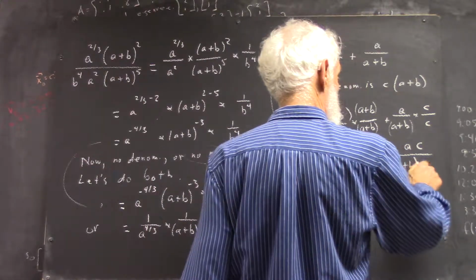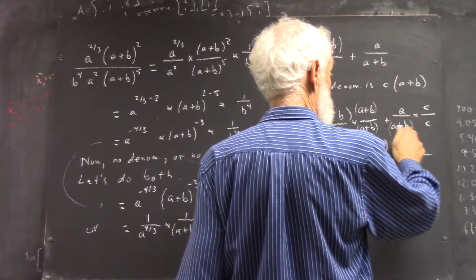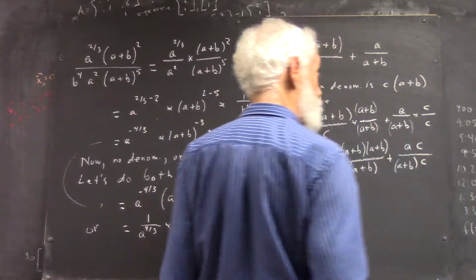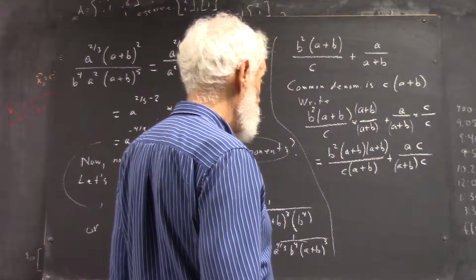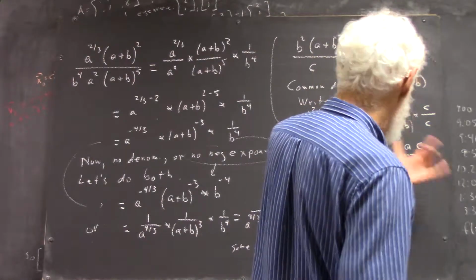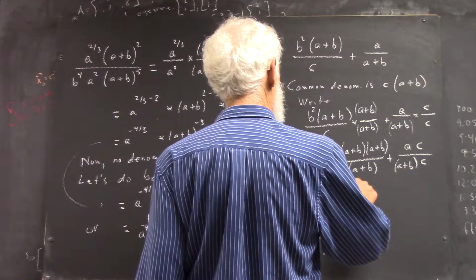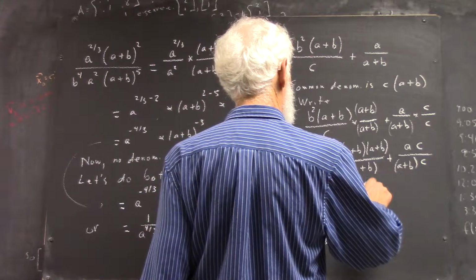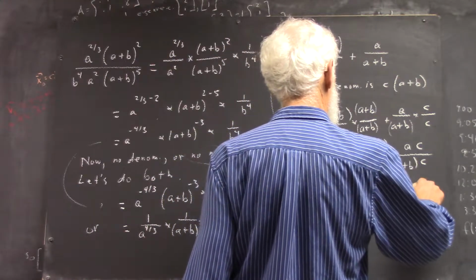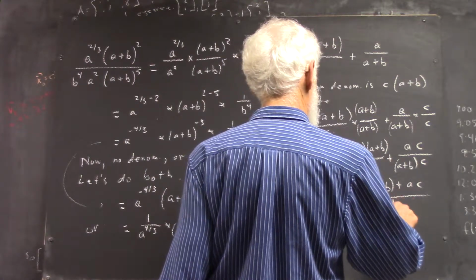We definitely need them down here, because you're going to multiply that by C. Now the denominators match, so that's equal to B squared times A plus B times A plus B plus AC, all divided by C times A plus B.